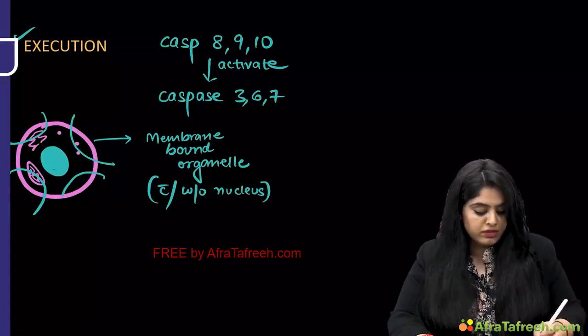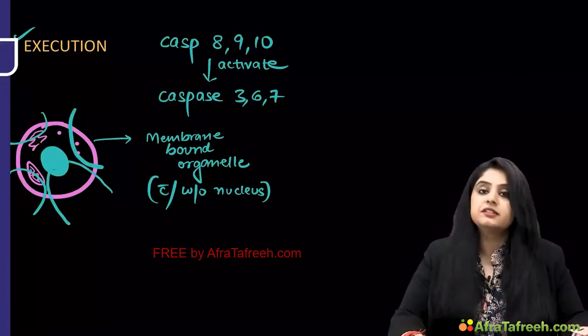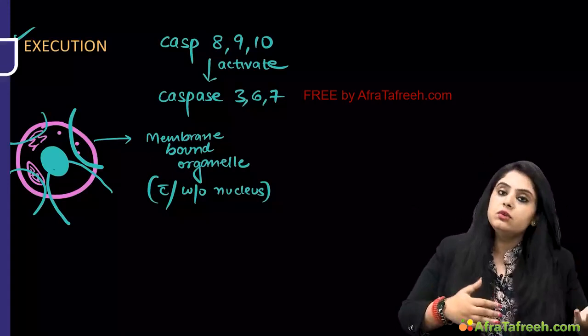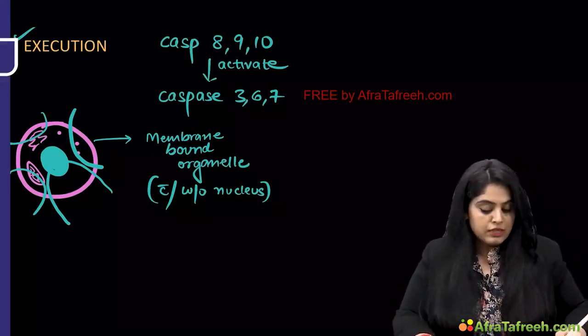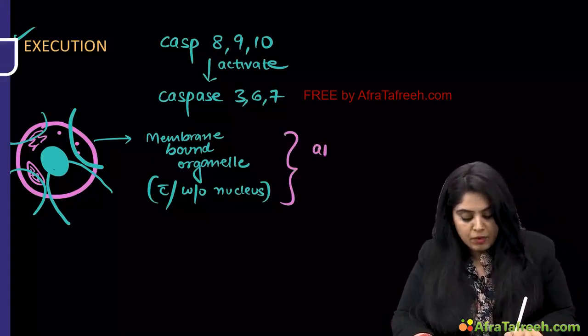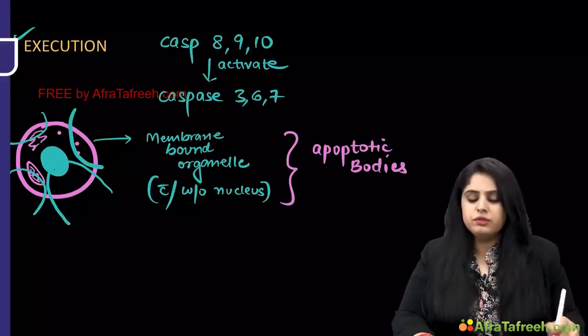Both is possible. So for example, there's a piece which falls off like this, little bit without the nucleus. There is a piece that falls off like this with the nucleus. So it could be with the nucleus or without the nucleus. Both of those are possible, right? And please note that these are referred to as apoptotic bodies. Now imagine you have thousands of apoptotic bodies circulating. What are you going to say?